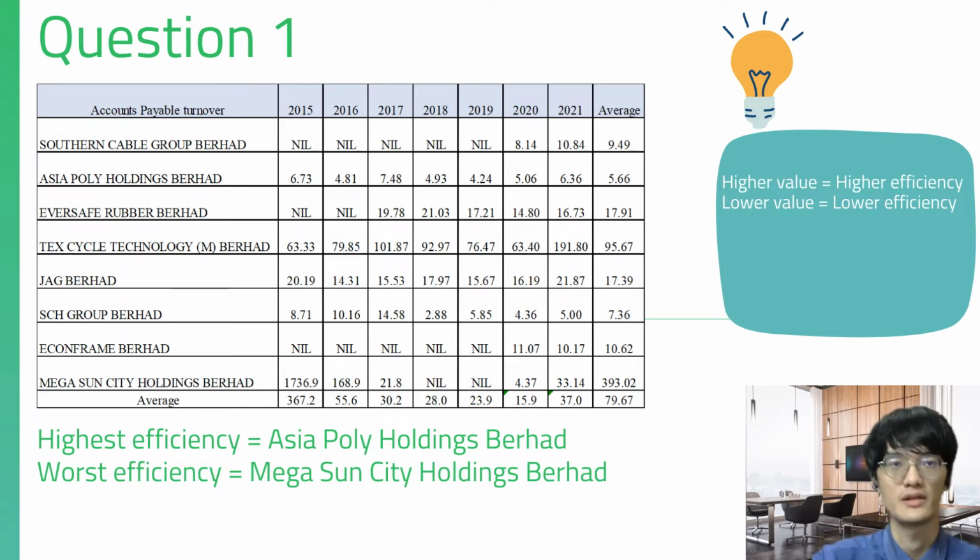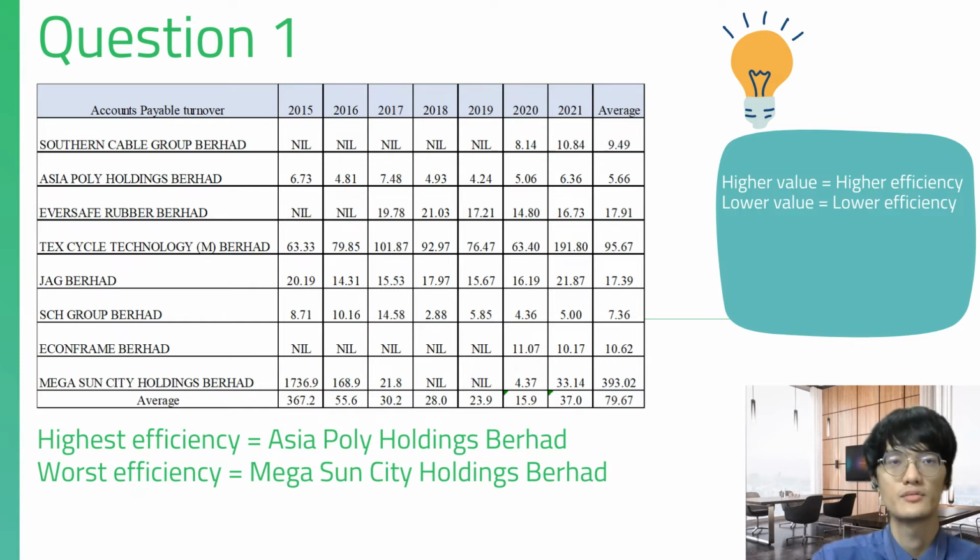Ideally, companies utilize accounts payable as the chief source of financing. Consequently, the accounts payable turnover for the company will stay at a low level as accounts payable will be recorded at a high amount. Therefore, Asia Poly Holdings Berhad, which has the lowest average accounts payable turnover, in theory has higher efficiency in utilizing trade credit to generate sales, while Megasun City Berhad has the lowest efficiency in utilizing trade credit to generate sales.